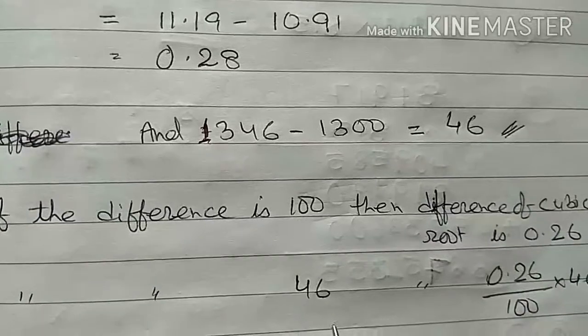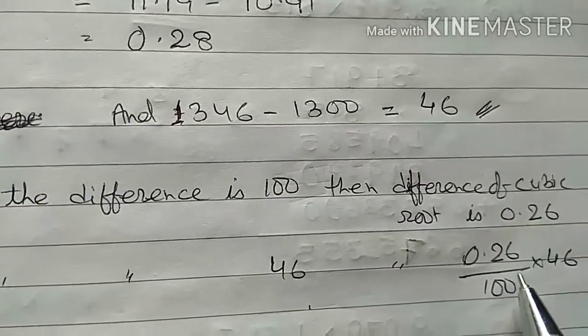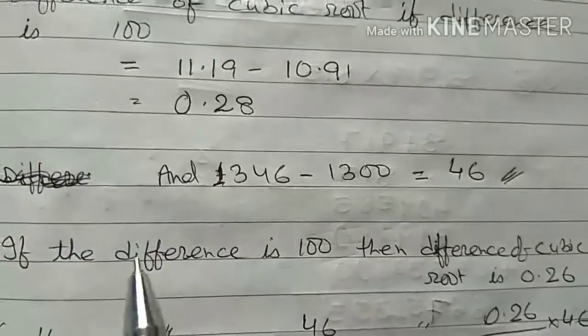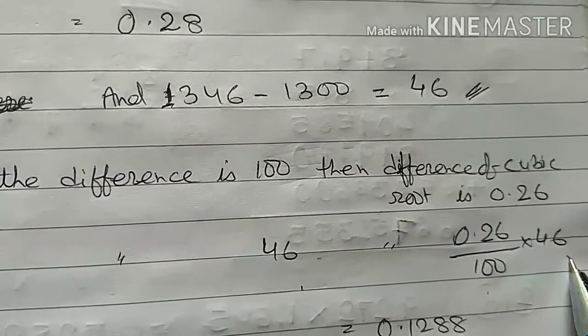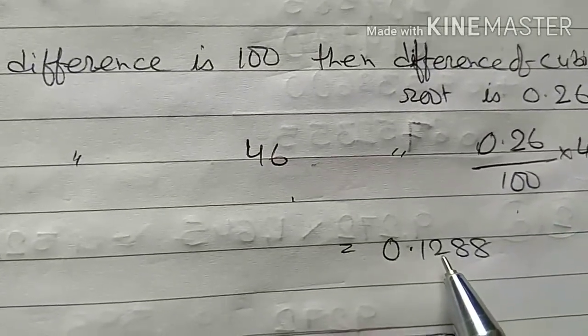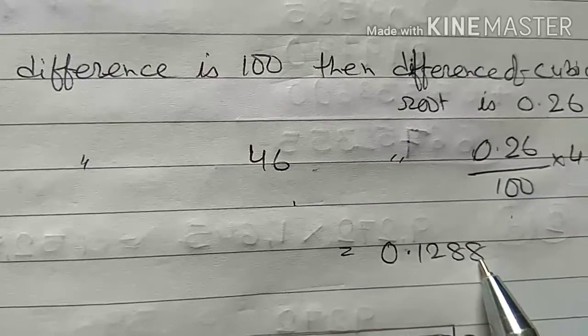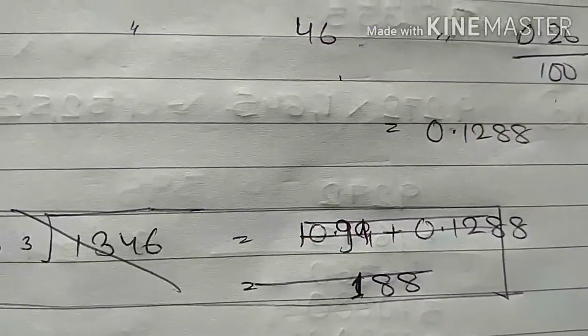Similarly, if the difference is 46, then the difference of cubic root is equal to 0.26 by 100 into 46. After calculating that, you will get 0.1288.